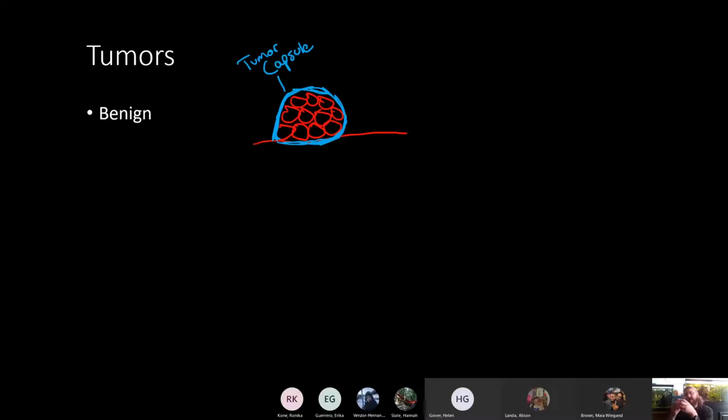So the tumor, it's not rigid, so the tumor can still grow. But a big thing about the tumor capsule is that cells from the tumor do not spread. The big thing about cancer is whether or not it started to get to different parts of the body.